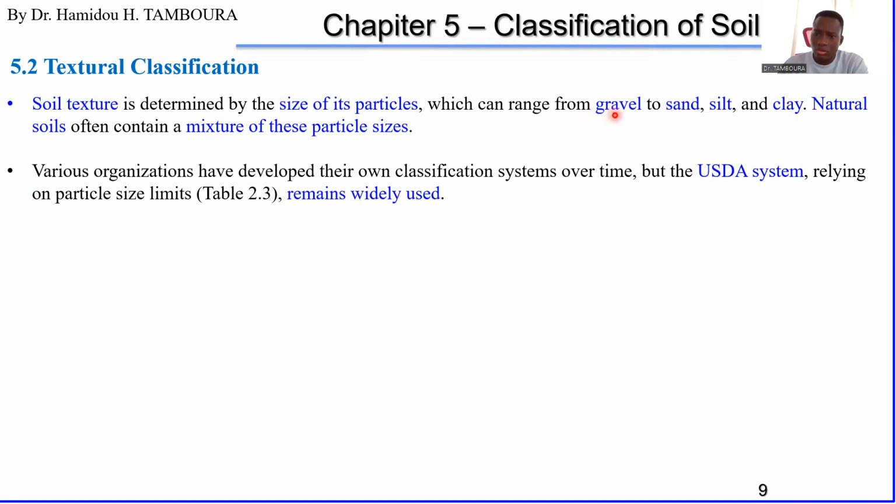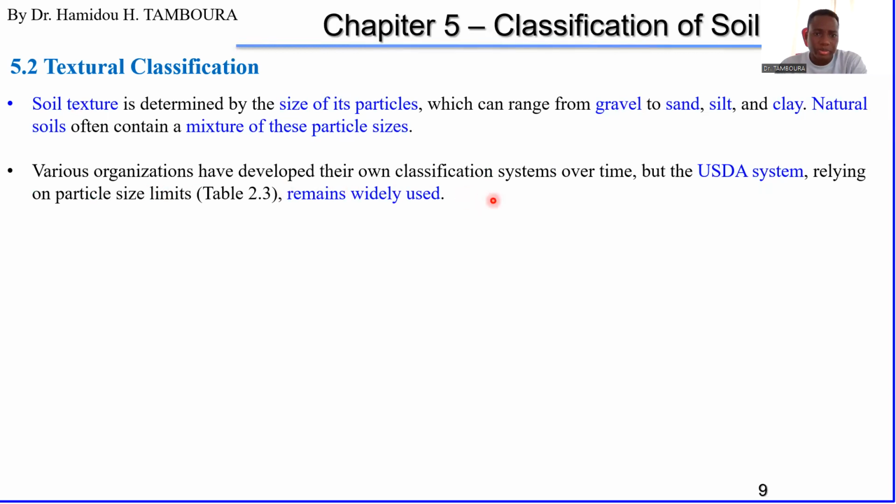But normally natural soil contains a mix of these soil particles. Natural soil can be a mix of gravel, sand, silt, and clay, or three of them or two of them. It's very rare to find a soil made of 100% one of them.